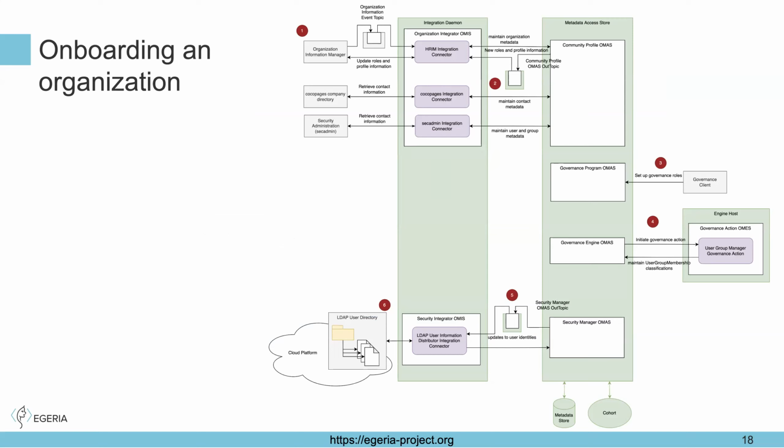So what this particular picture is showing is our integration daemons, both pulling information from different systems and pushing out to others. And it's around the scenario where an organization has just decided that they're going to use Egeria, and they want to get information about their people into open metadata, so that they can then assign people to different governance roles.